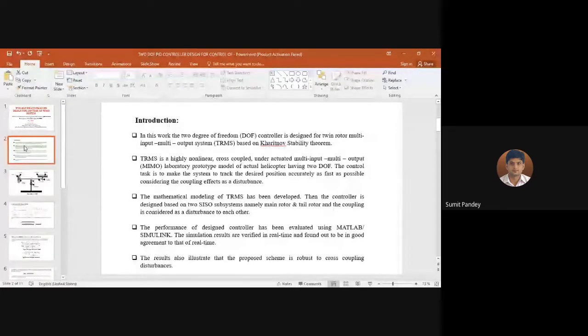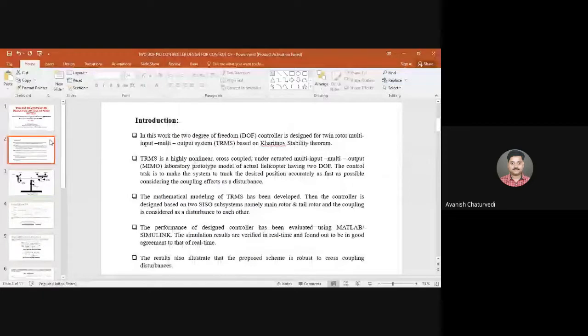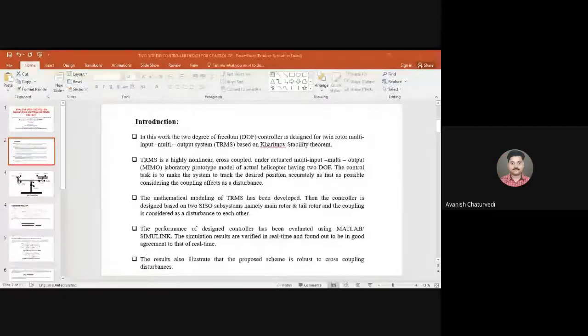So if I want to control the first output with respect to the first input... You should choose from the view option, full screen mode. From the view option, I will do it, sir. Is it now? No. View option is there. I have converted it to full screen. It is not visible. No, it's not visible. Okay, sir, wait a minute.